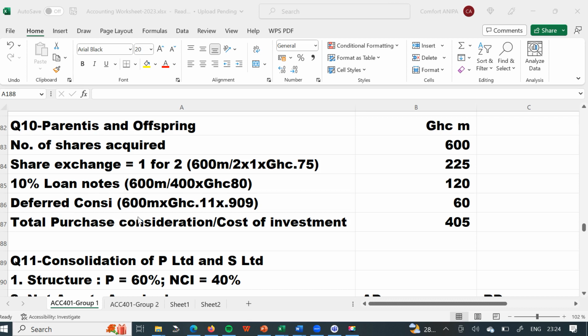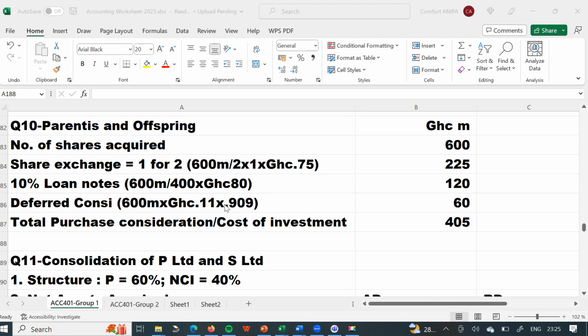Your deferred consideration is 600 million times 0.11. That's what they will pay after 1 year. However, because they will pay this in the future, you have to fair value this by discounting it to present value.